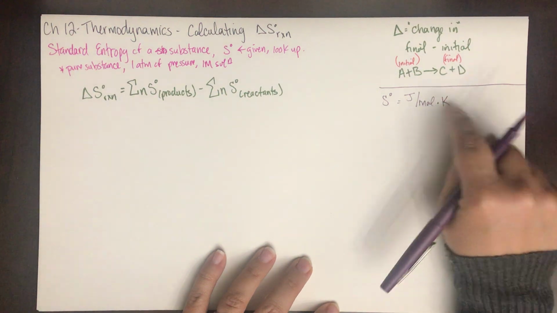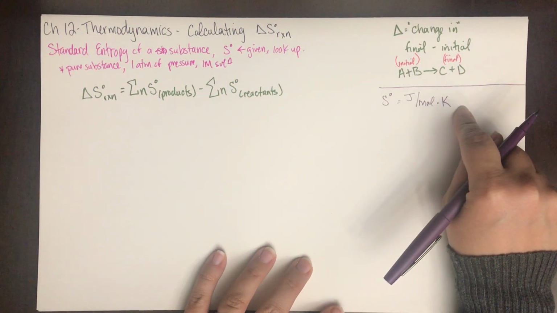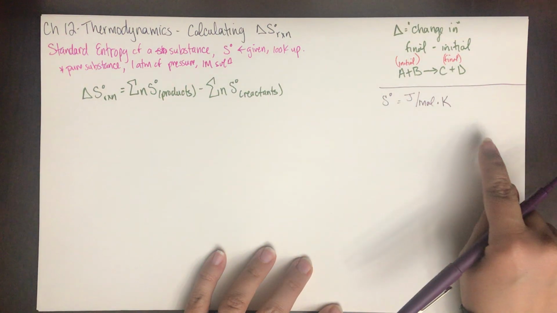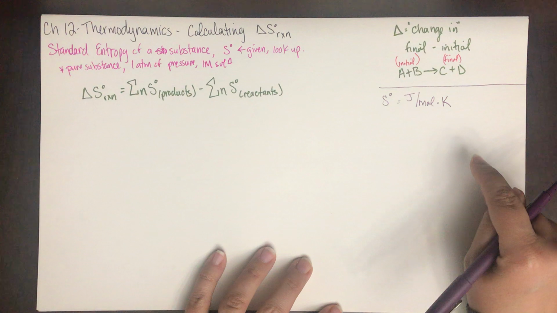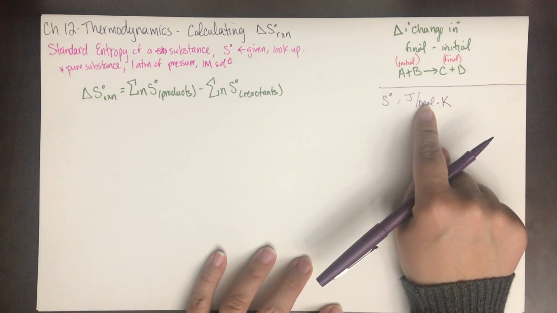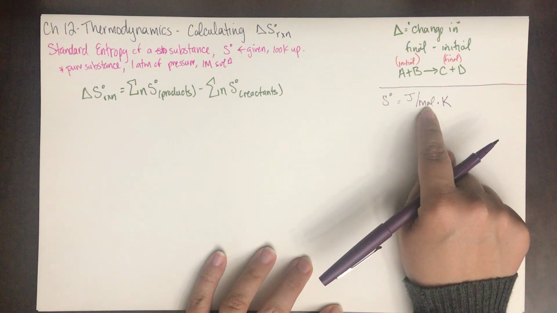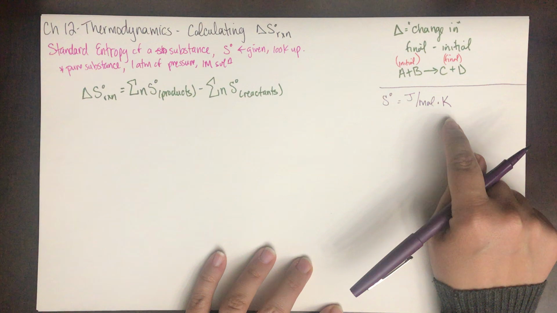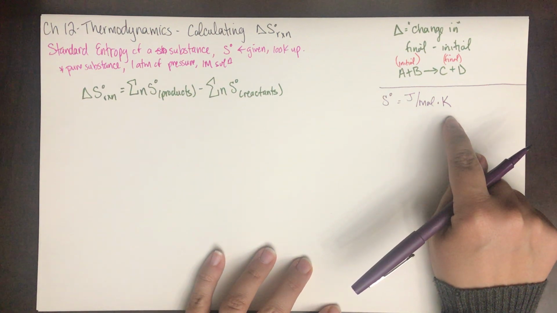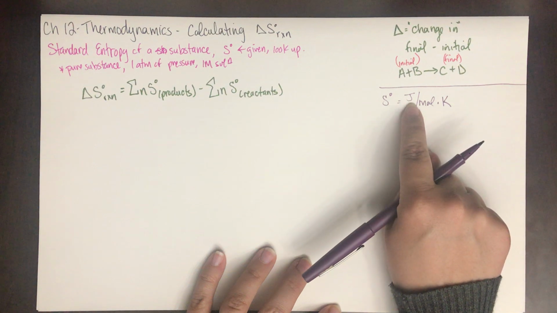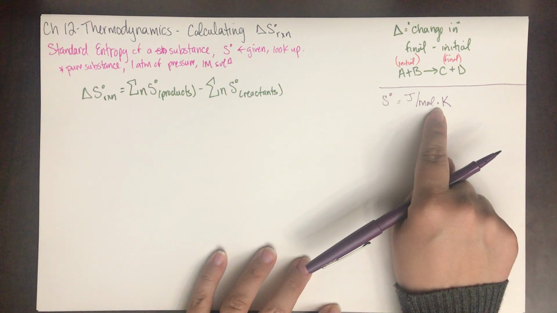So remember, we're going to tie this all together later, but the units for enthalpy in chapter 9 were kilojoules per mole. So this has a different unit, and we're going to see why, because we're going to include the temperature, but this is the unit for entropy. Entropy is joules per mole Kelvin.